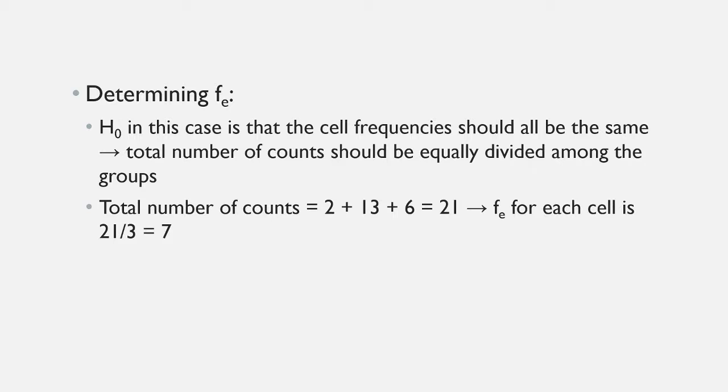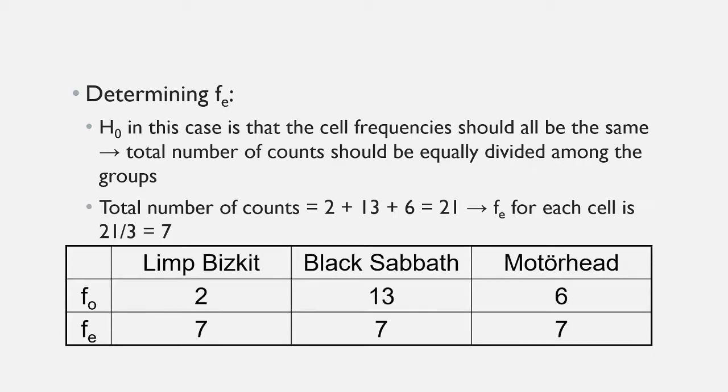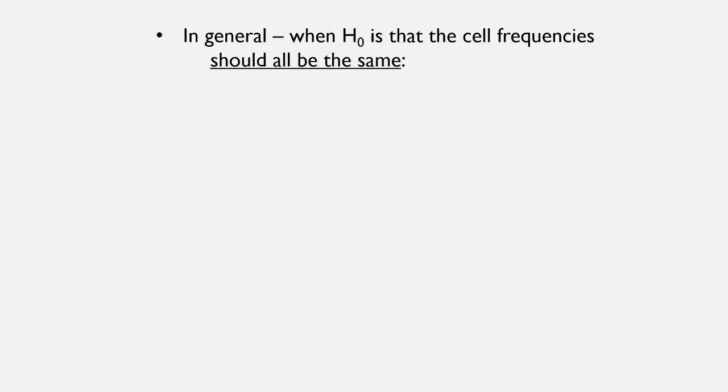So if preferences were equal between the three groups, we would expect frequencies to be 7 in each of the groups. Okay, so obviously our observed frequencies differ from these expected frequencies, but the idea of the chi-square is evaluating whether or not that difference from observed to expected rises to the level that we can conclude that the differences are due to genuine differences in preference as opposed to random fluctuations.